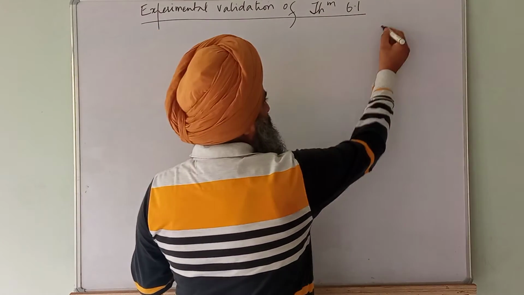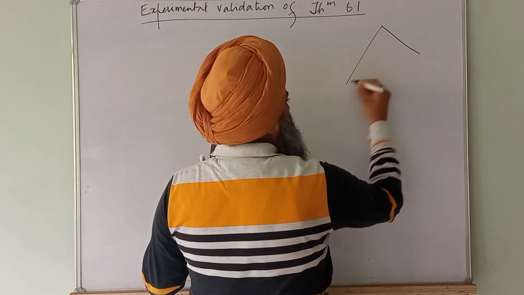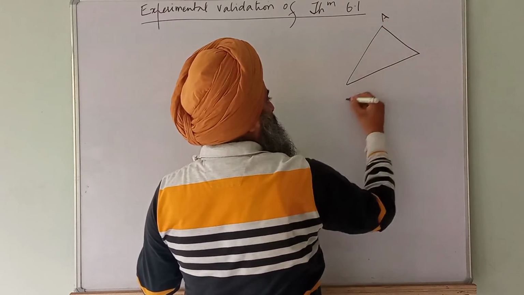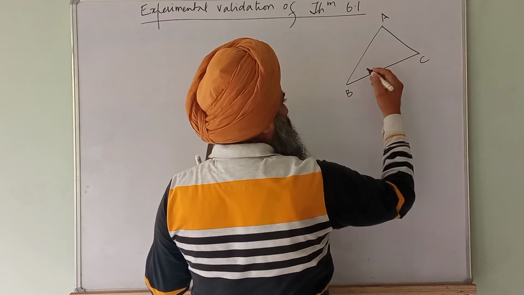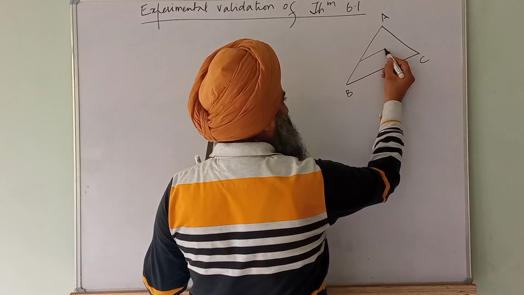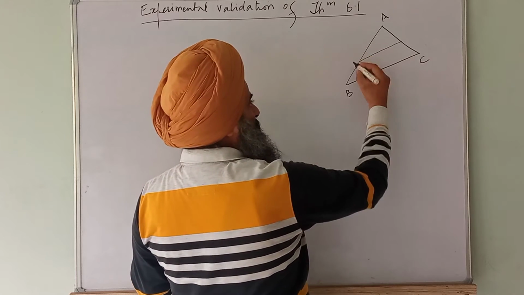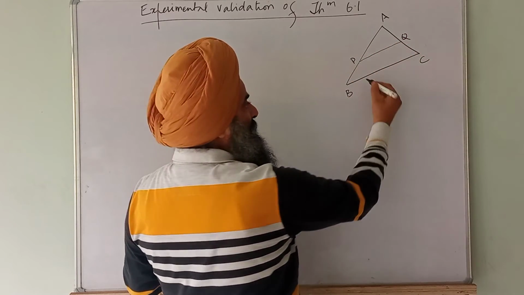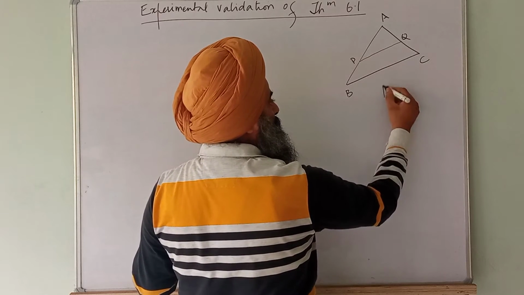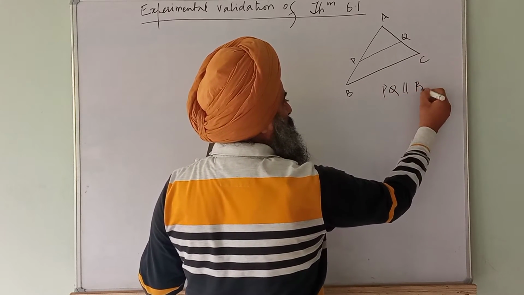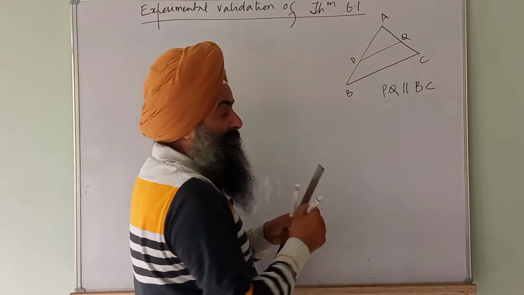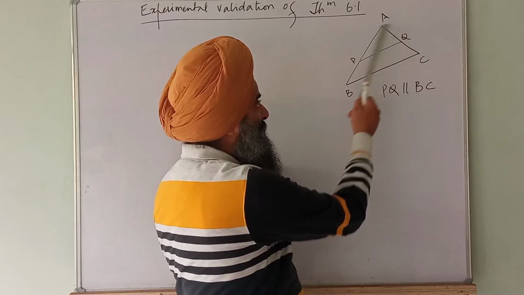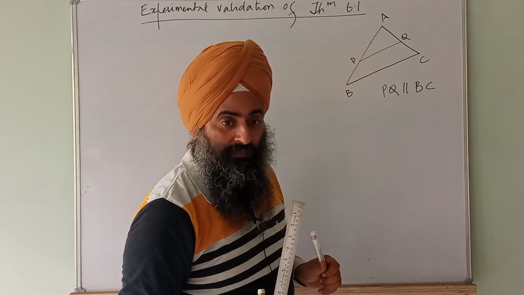The theorem says, if this is a triangle, let's say the triangle is ABC, and if one line, let's say this line PQ, is parallel to one side of the triangle, in this case BC, then this line will divide the other two sides in the same ratio.